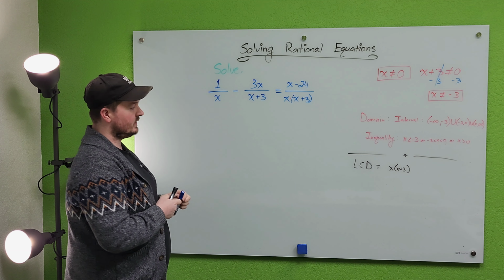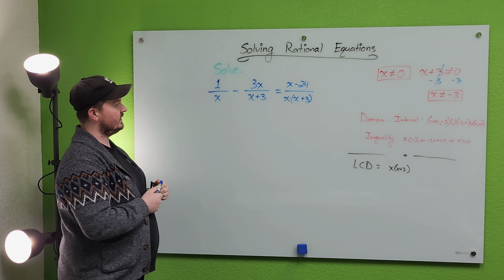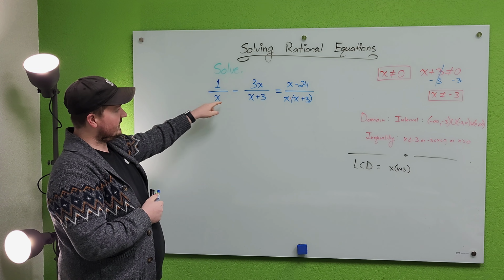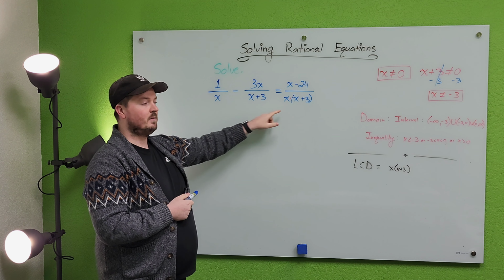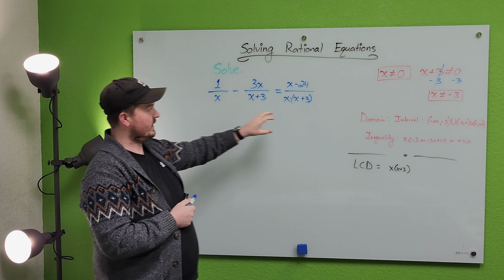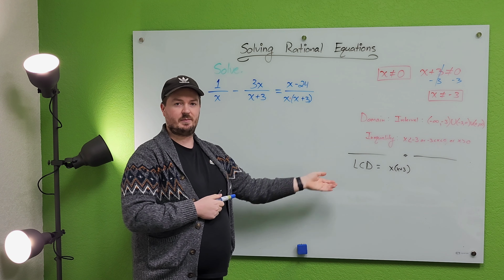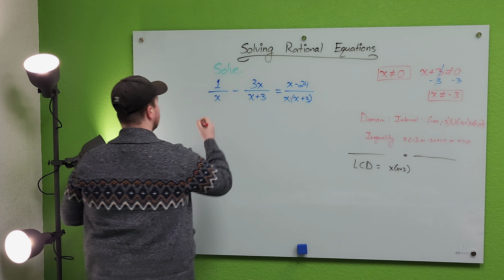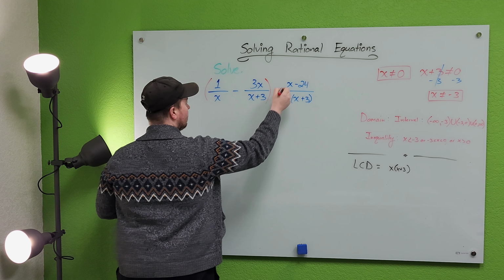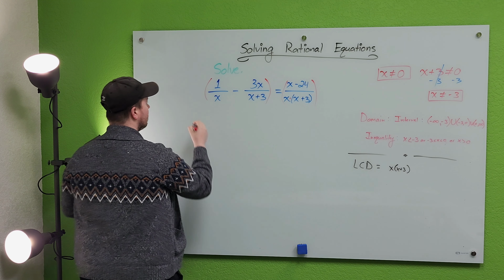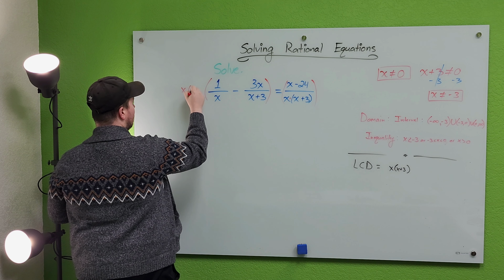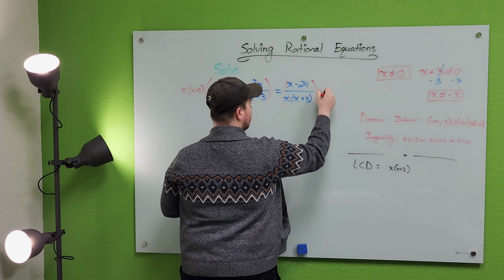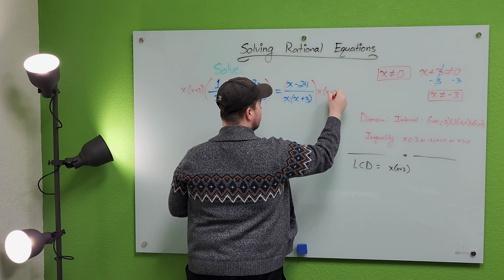So once we identify what the least common denominator should be, we can actually make our lives much easier by getting rid of these denominators by multiplying both sides of the equation by the least common denominator. So I'll show you what I mean in just a moment. So if we multiply both sides by what we've just said is the least common denominator, we're going to multiply by x times x plus 3.